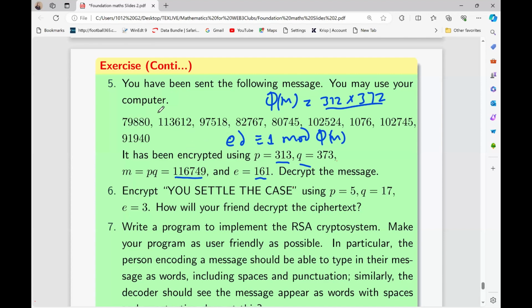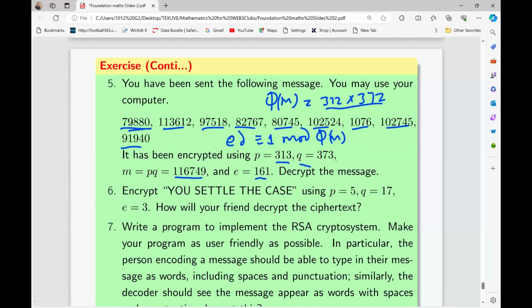Now you also use your computer. After you found your D, you see this is the ciphertext. So after you get the D, you raise each of these blocks to D, and we say that we are decrypting each of them.